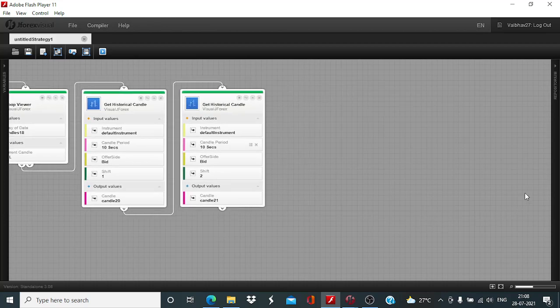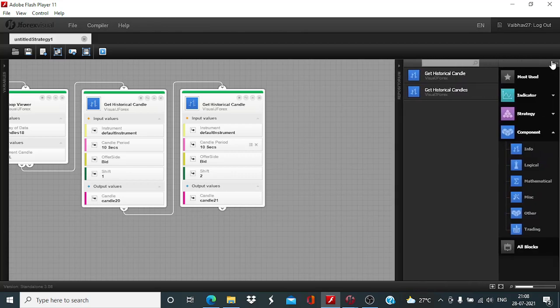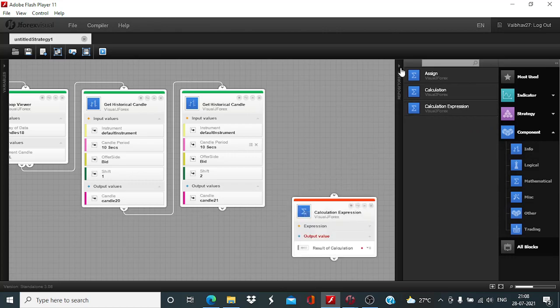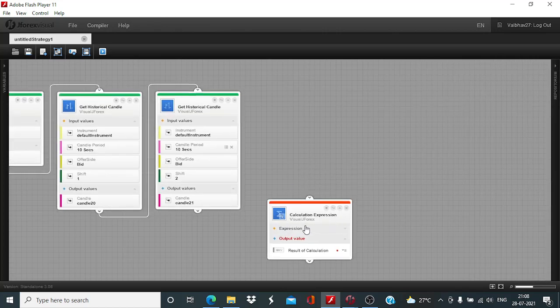And to define the condition we will carry out one calculation as well. So I'm going to need to add mathematical component. Here in this block we will define 20 pips.